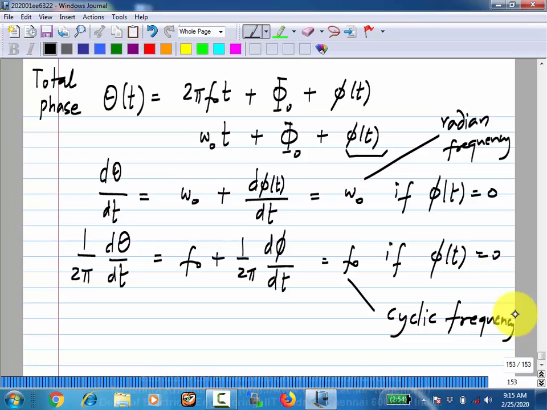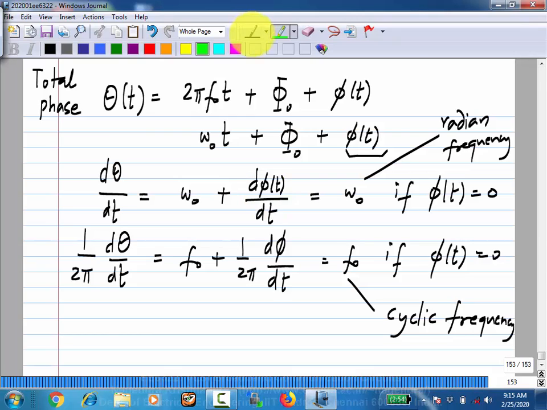This is fine. So now, if you know the phase of some signal, you can find its frequency. The frequency can be constant, in which case you have a periodic signal, or the frequency can have a constant plus some time varying part, in which case you actually have an aperiodic signal, right? This essentially means that the frequency is changing with time.